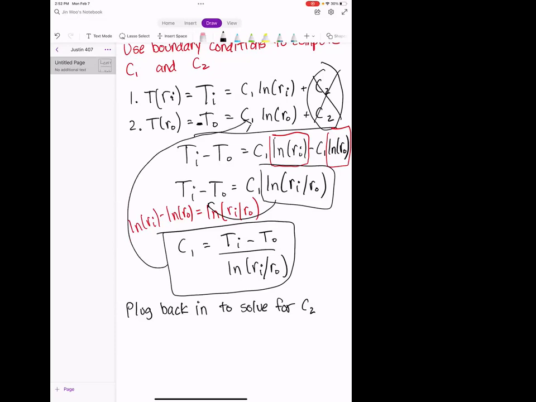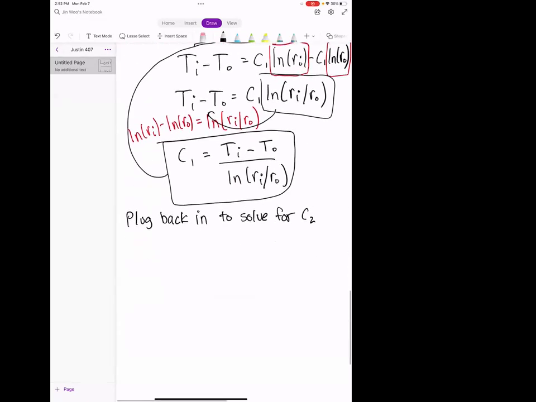If we plug that in, what we get is To is equal to C1, which is Ti minus To divided by ln of Ri divided by Ro, multiplied by ln of Ro, plus C2.